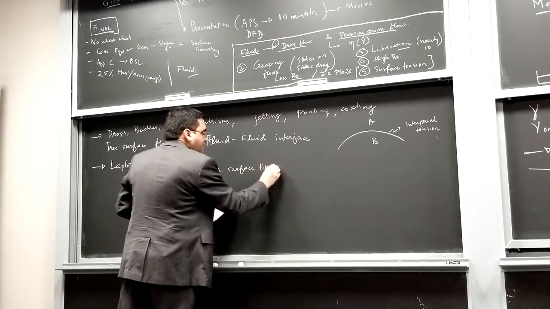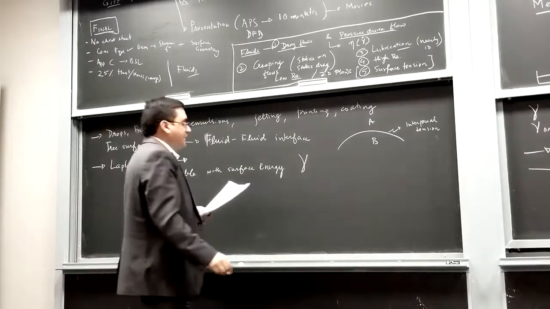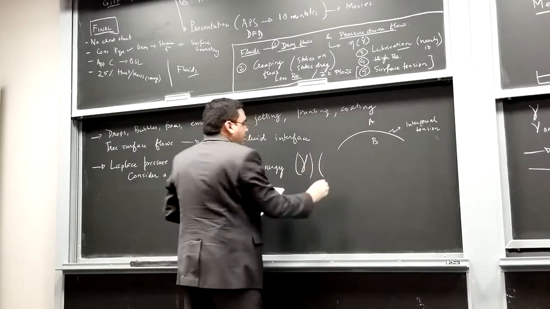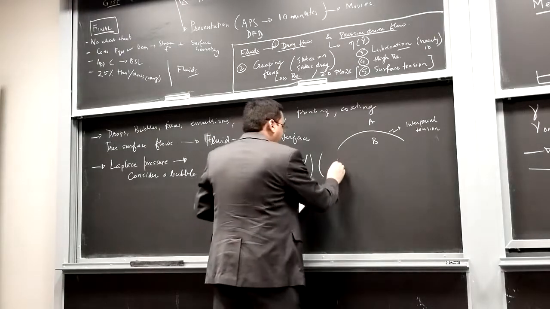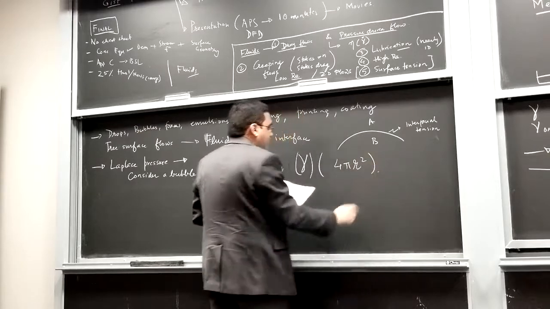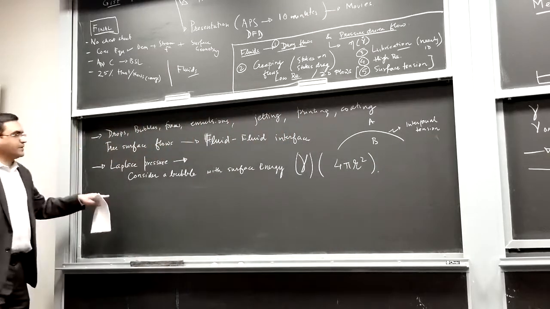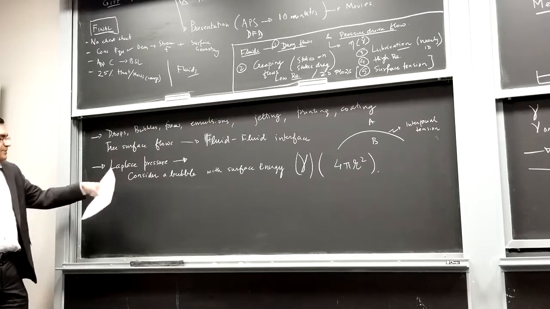That depends on two things: of course, the interfacial tension and the area. The area is going to be 4 pi r squared for a bubble. So that's the surface energy associated with a bubble.